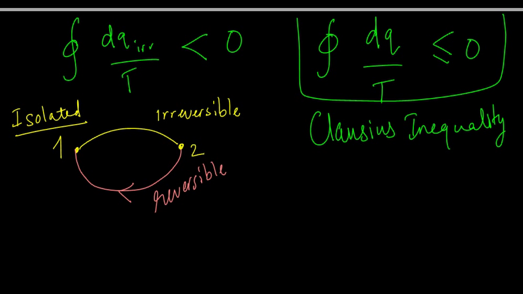But the system cannot be isolated. So this is not isolated in the second part. So we change the system. The system is the same. The system is absolutely the same. The starting point and the end point are exactly the same.